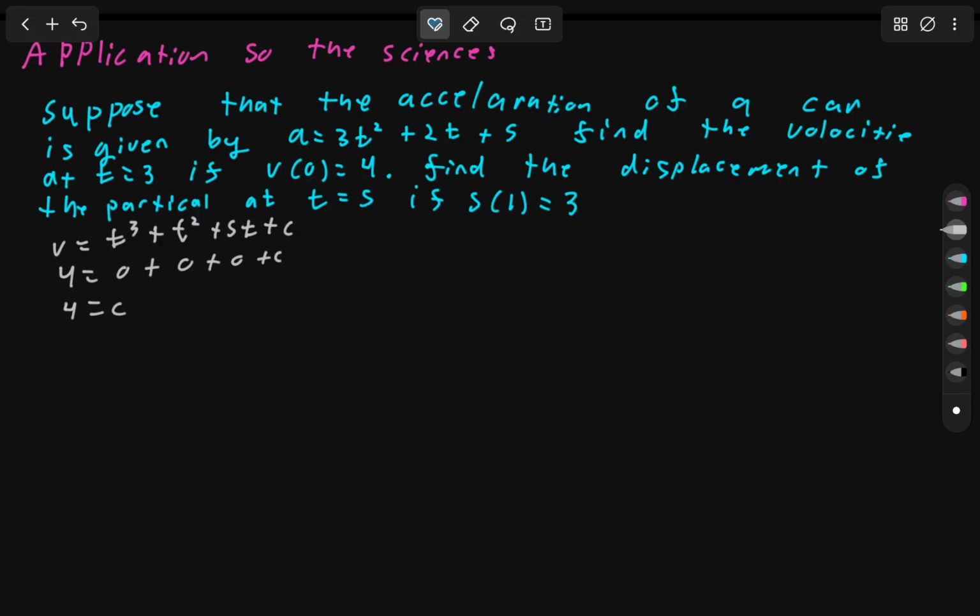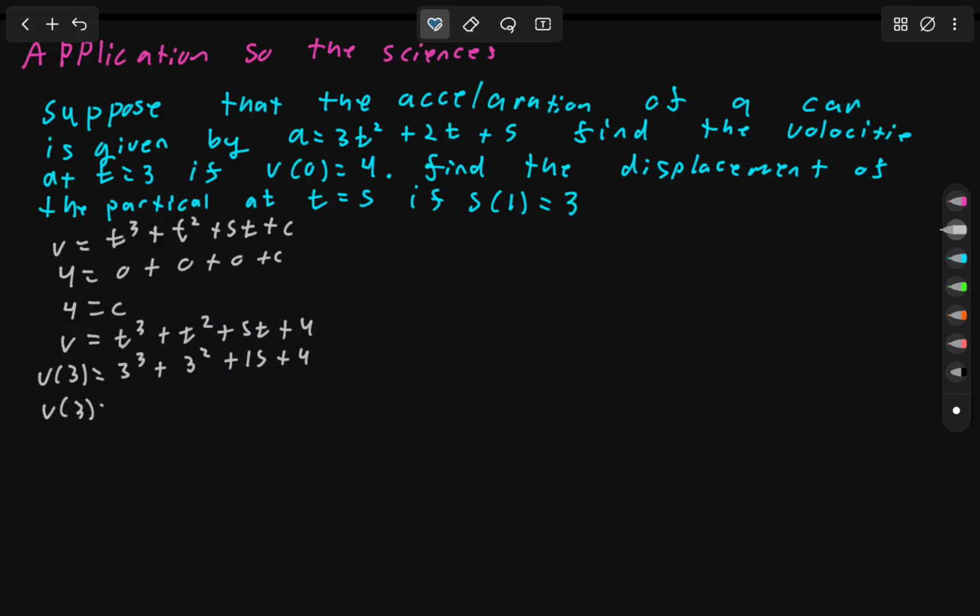So we know our constant is 4. So finally, we can now set up the exact antiderivative here, which is going to be t cubed plus t squared plus 5t plus 4. Now we have to evaluate this at t is equal to 3. So v of 3 is equal to 3 cubed plus 3 squared plus 15 plus 4.